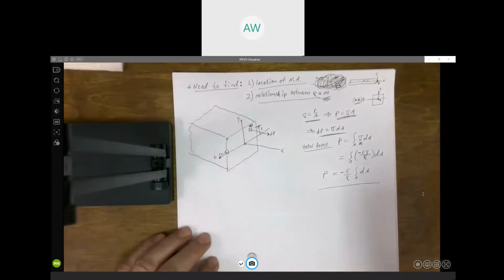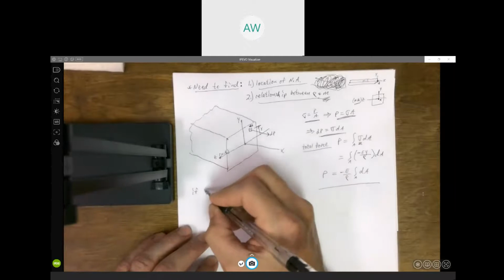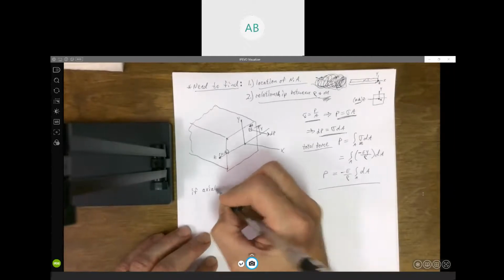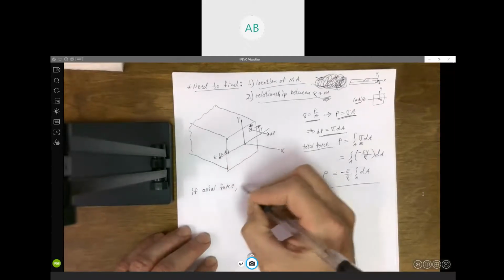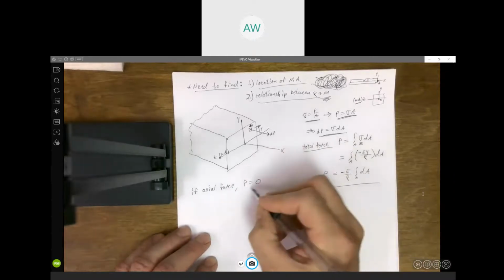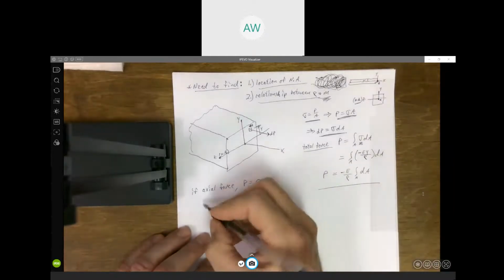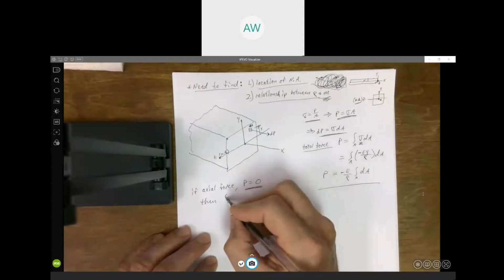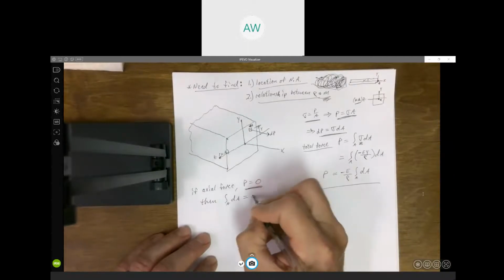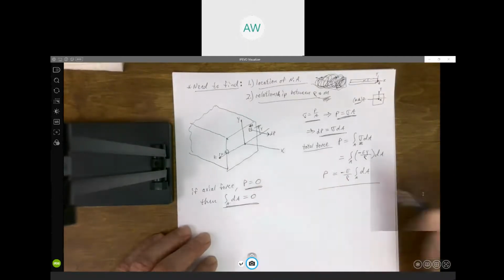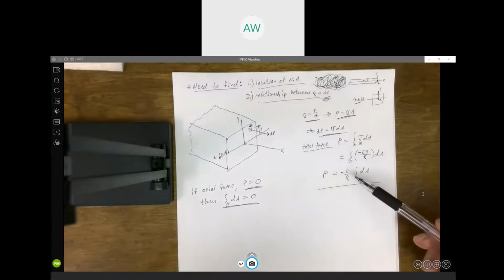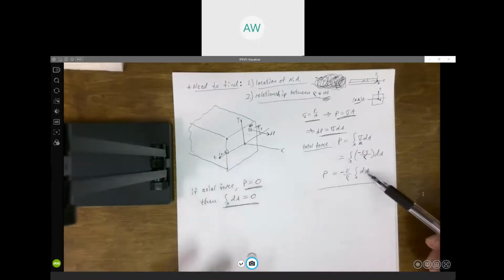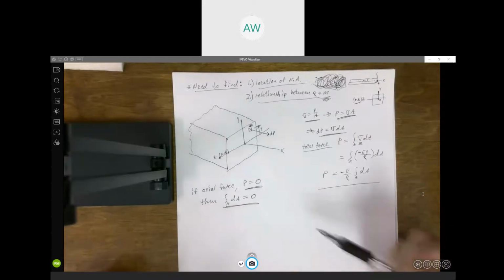So if our axial force P is 0, then this integral has to be 0, because E is not 0. Either E is 0 or that integral is 0. Well, E is not 0, so the integral must be 0.